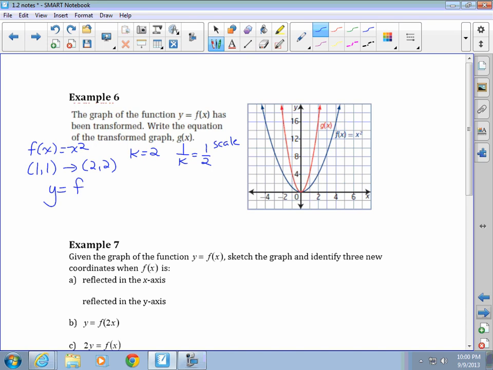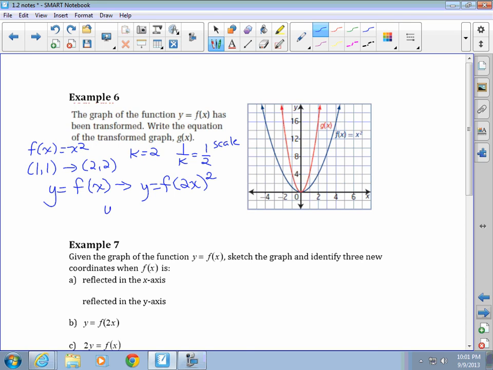So going from y equals f(x), for that scale to be 1/2, we take a look at what the k was. So we went to y equals (2x) squared.